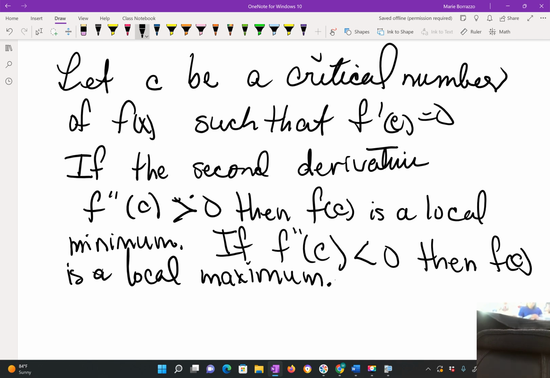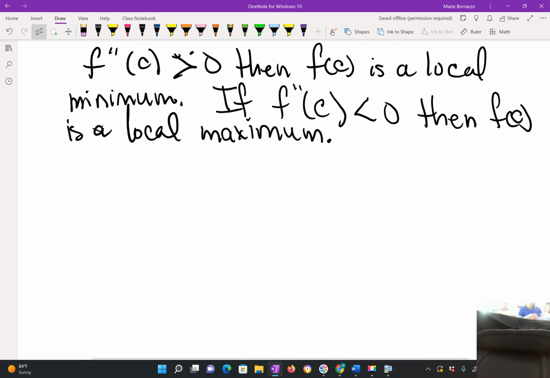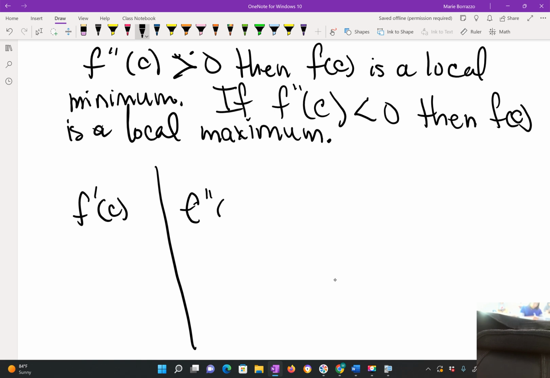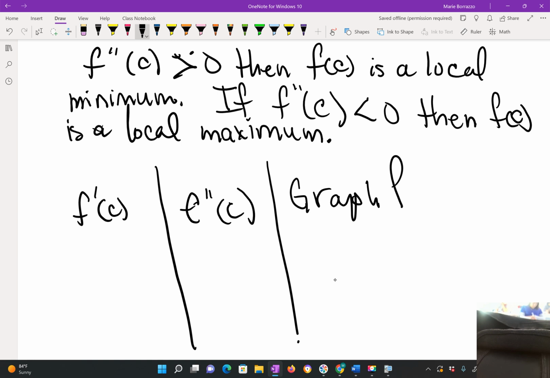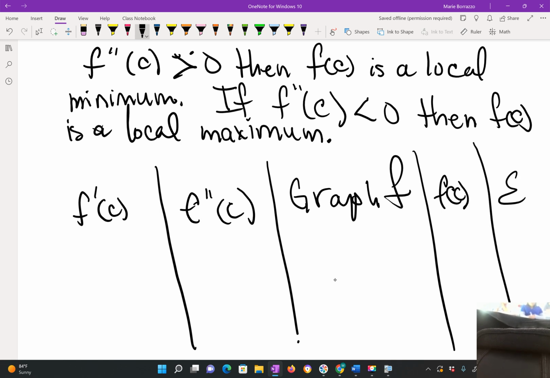These definitions seem very simple, and they are. So let's look at what they mean as a chart. So if I have the first derivative of C compared to the second derivative of C, and we talk about concavity, so let's look at the graph of the original function. If we look at f of C as a point, and I'll give you an example here.